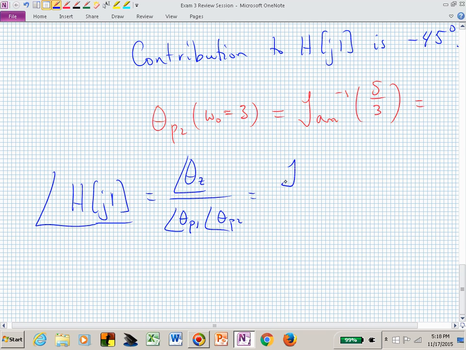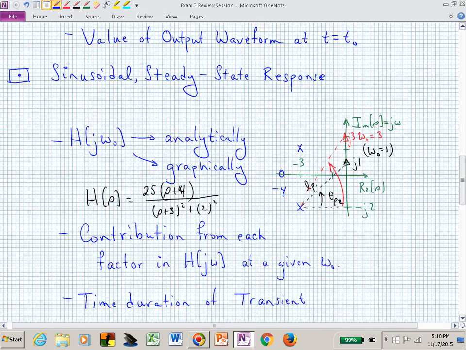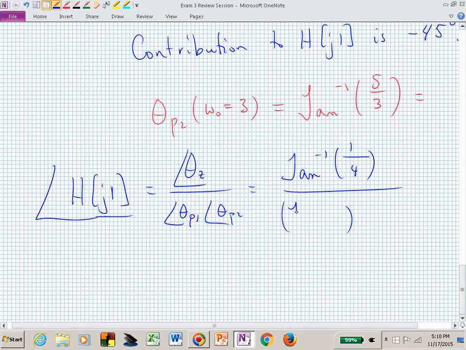So this is now the inverse tangent of 1 over 4. Theta sub p sub 1 is the inverse tangent of what? I'm going down 1 and over 3. That's the angle for theta sub p sub 1.